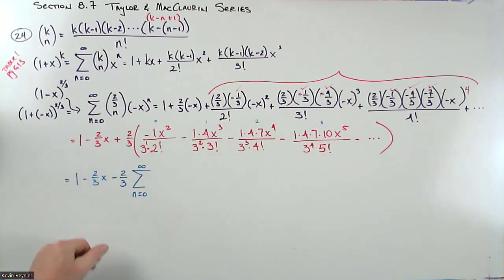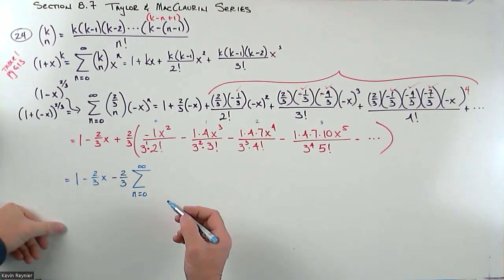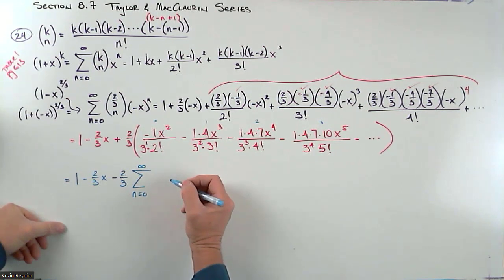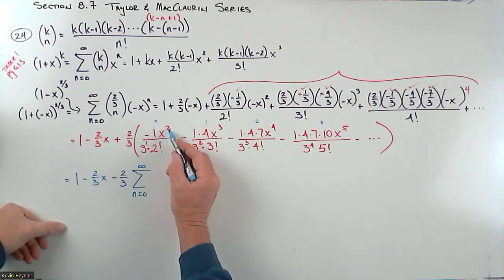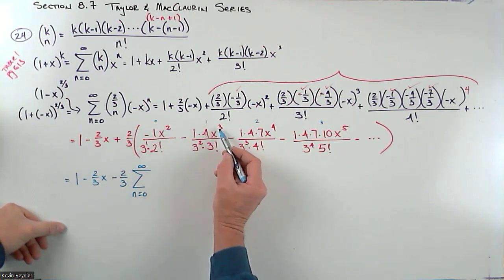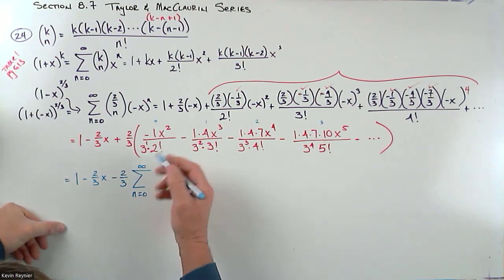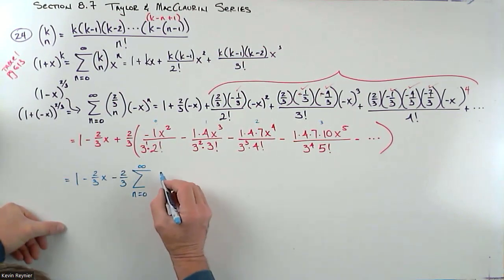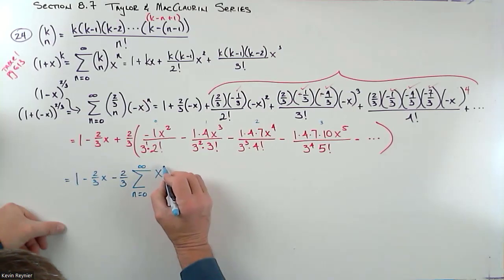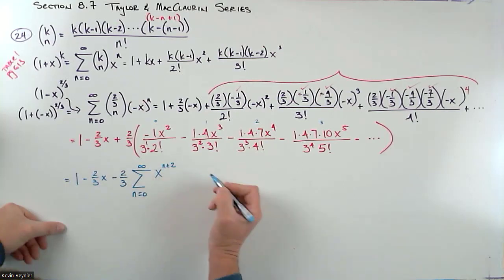And this is when we plug in 3. All right, that's how it's going to work. So the power on x is going to be n, and then 2 more: 1 to 3, 2 to 4, 3 to 5. So just writing it not necessarily in the order we normally write it in, we're going to get x to the n plus 2.